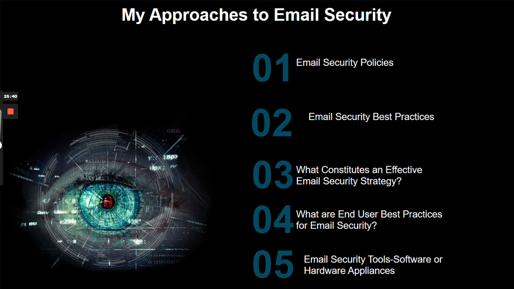Right? So because email is so critical in today's business world, it's very imperative that organizations establish policies around how to handle this information flow, right? As you know, email is normally one of the platforms through which information flows within an organization, right?